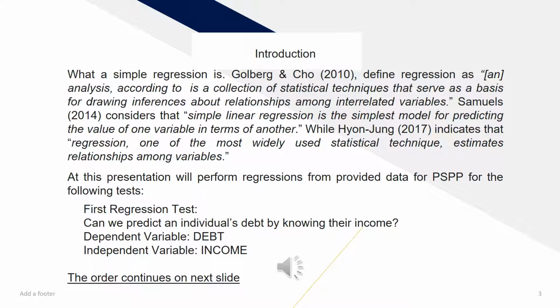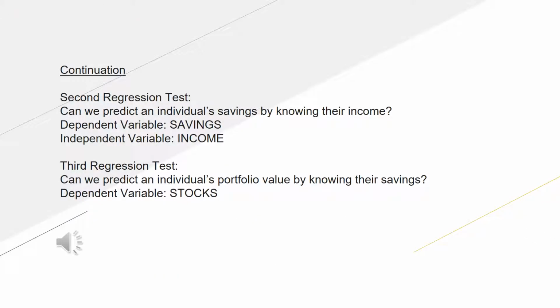Dependent variable debt, independent variable income. Second regression test: can we predict individual savings by knowing their income? Dependent variable savings, independent variable income. Third regression test: can we predict individual portfolio value by knowing their savings? Dependent variable stocks.